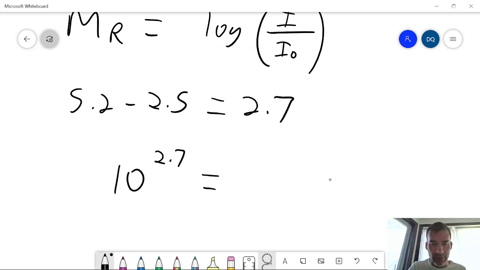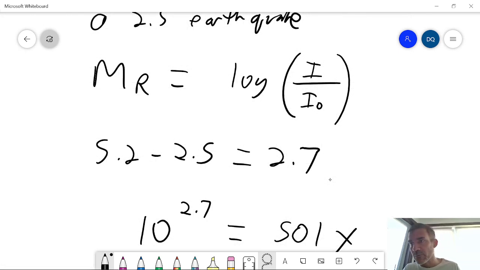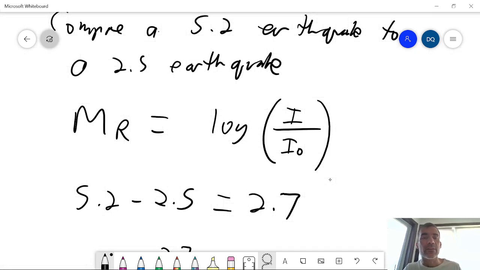Again, between 100 and 1,000. So you have 500 times the magnitude, 500 times the intensity of movement of the Earth when the earthquake has a value of 5.2 compared to 2.5.